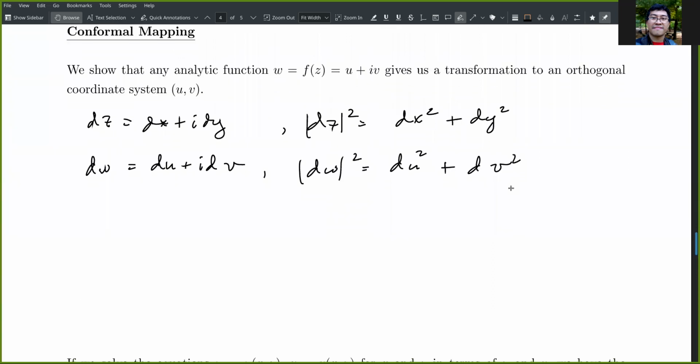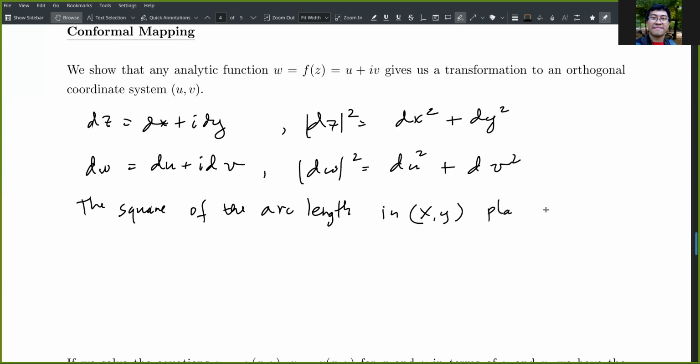Okay, so we'll try to solve the square of the infinitesimal element of arc length. So I'll just write it here: arc length in the xy plane is ds squared equals dx squared plus dy squared, which is similar to our absolute value of dz squared.